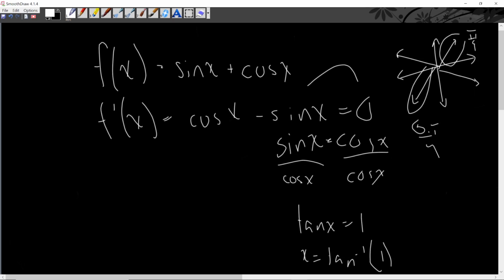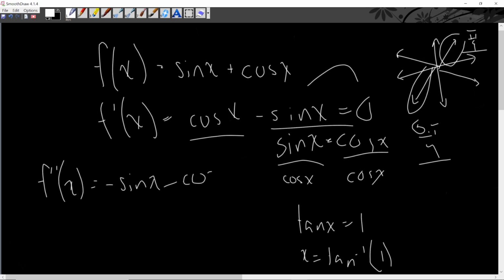Okay, so from here, let's do the second derivative, because we know that at these two values, the derivative of this function will be equal to 0, so we'll do f double prime of x. We say derivative of cosine is negative sine, and then derivative of sine is cosine, so this negative will be negative cosine. And now let's plug in pi over 4.